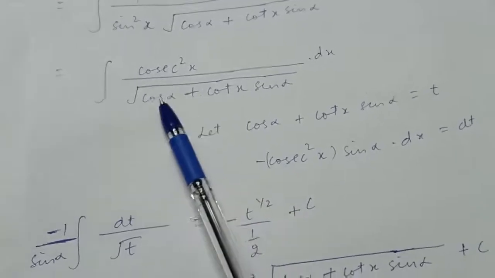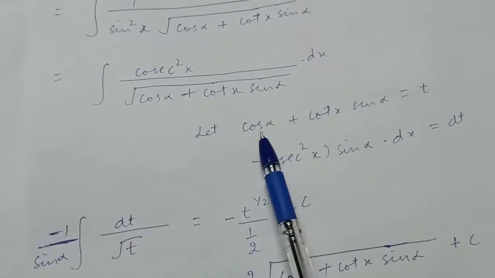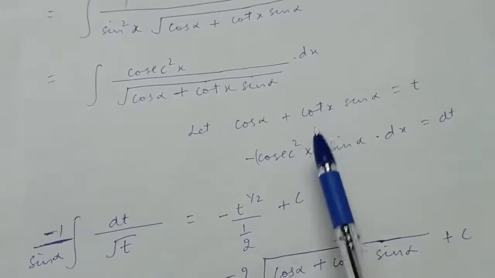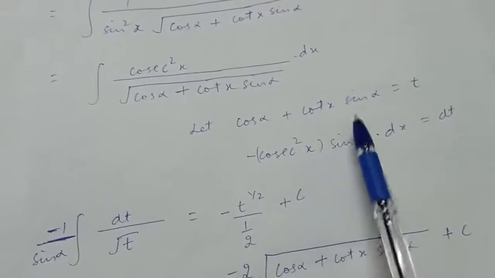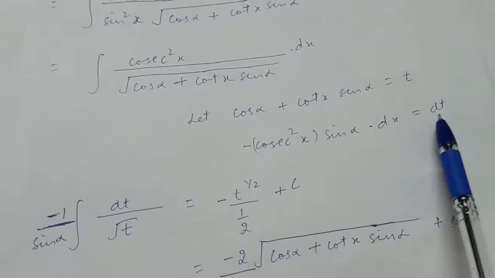Therefore let the term inside the root equal t. This is constant, so the derivative will be 0. The derivative of cot x is minus cosecant square x, and sin alpha is constant, keep it as it is, into dx equal to dt.